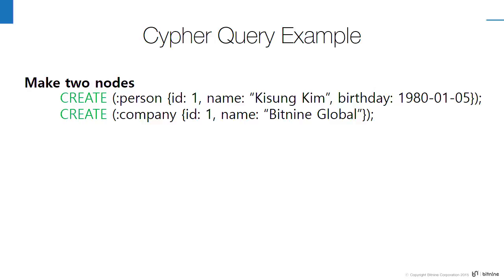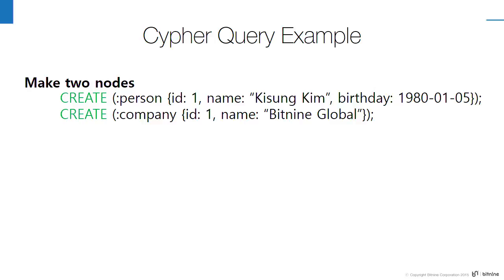This is a Cypher example. As I already said, in the graph database, the queries are made in terms of nodes or relationships. These Cypher queries make two nodes whose labels are person and company, respectively. And this part is to specify their property values, like this.